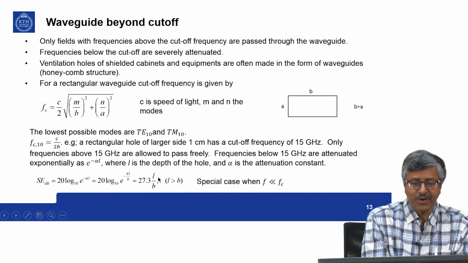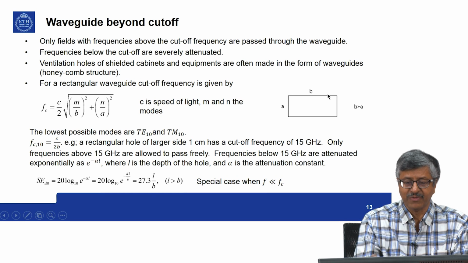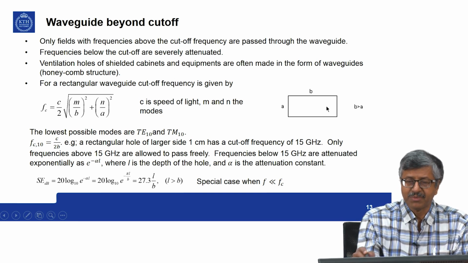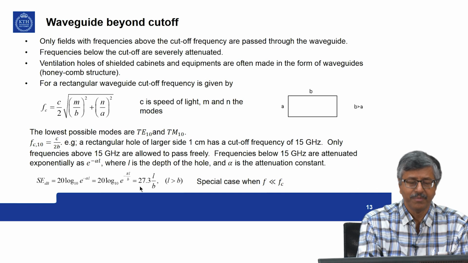So, 27.3 L by b, where L is the length and b is the largest dimension of the waveguide, and L is greater than b. So, you can see that these waveguides provide quite good attenuation to the fields penetrating a hole.